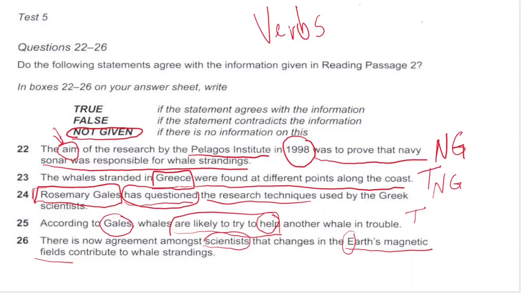And the most important piece of information again in this statement is that there is agreement. And this is the information we need to match with the passage. There is agreement amongst scientists. All scientists agree that changes in the Earth's magnetic fields contribute to whale strandings. Let's scan the passage for the keyword Earth's magnetic fields.